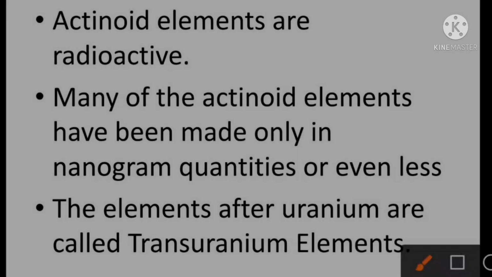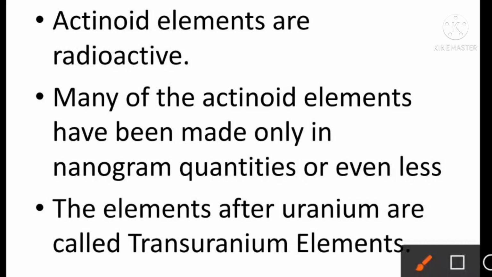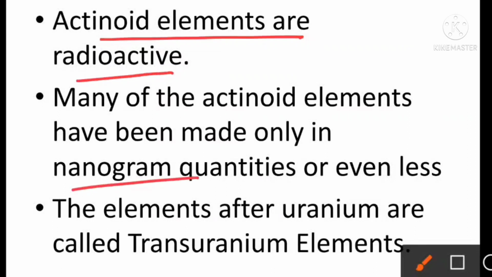Most of the actinoid elements are radioactive, and most are manufactured only in nanogram quantities. Another important point: the elements after uranium in the F block are called transuranium elements, the elements which were discovered after uranium.